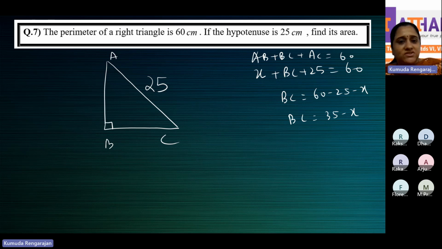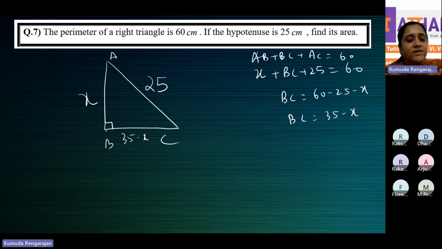Perimeter is given. Perimeter is 60. So the sum of the three sides is 60. You know only one side, 25. The remaining two sides you don't know. So you call somebody as X and find the other side in terms of X. So we called AB as X and BC is 35 minus X. Then Pythagoras theorem.